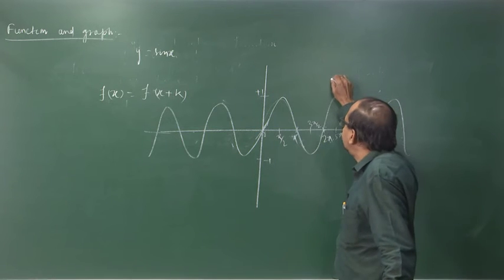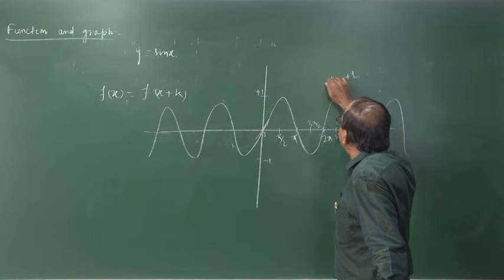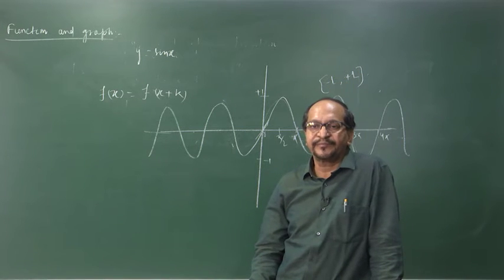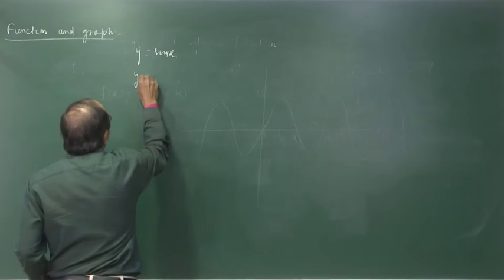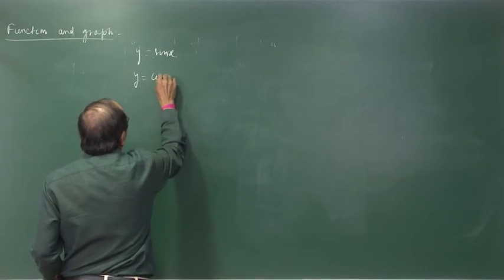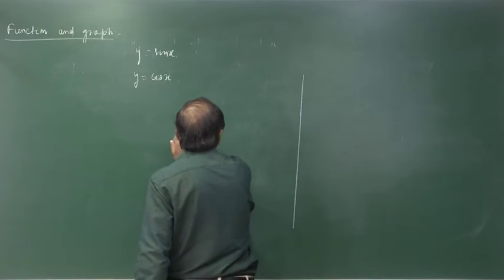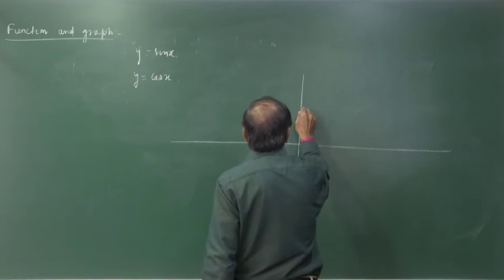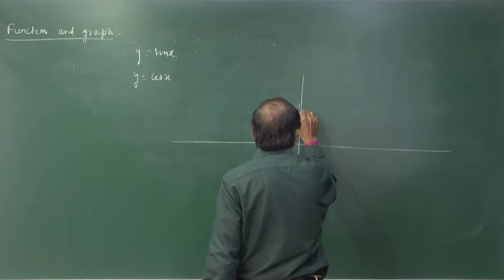So, the range is the interval minus 1 to plus 1, this is the range of sin x. Similarly, if we plot y is equal to cos x, then at x is equal to 0, cos x is plus 1. So, the graph is like this.